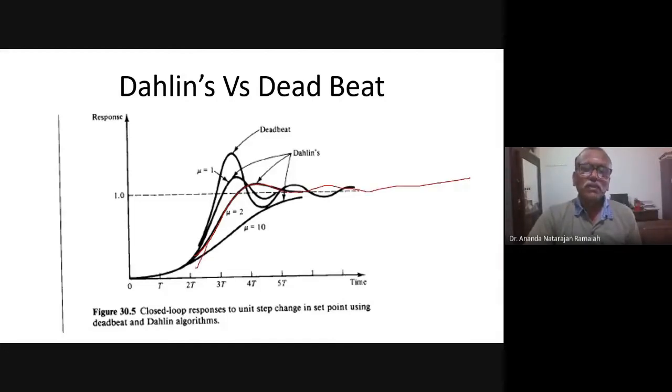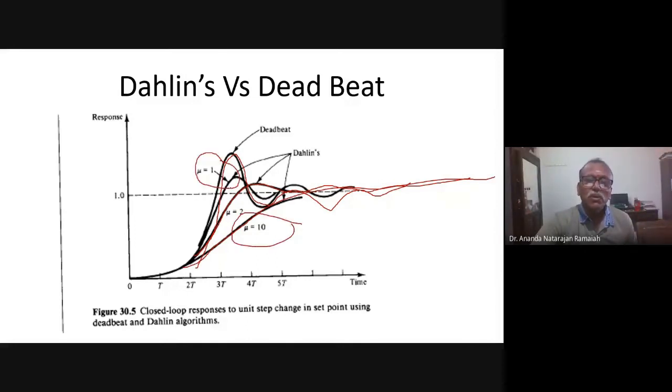If you choose deadbeat, this is the overshoot and the oscillation. If you choose mu equal to 10, very sluggish response. If you choose mu equal to 1, a smarter response. If you go on reducing mu, it will approach deadbeat finally.